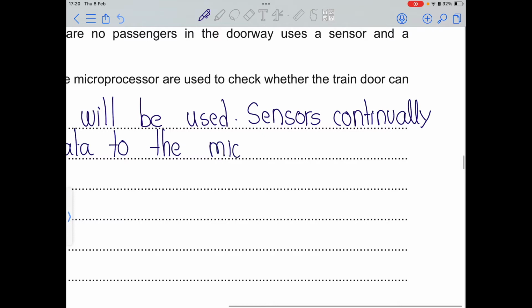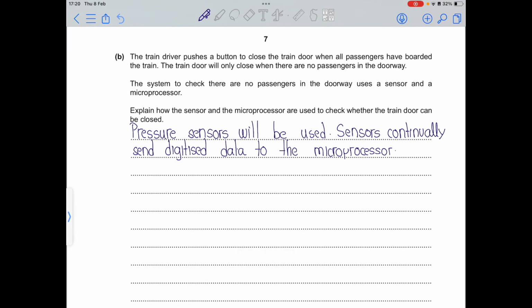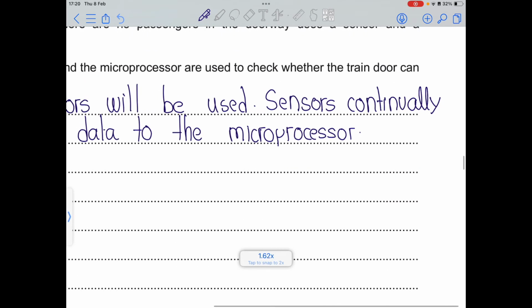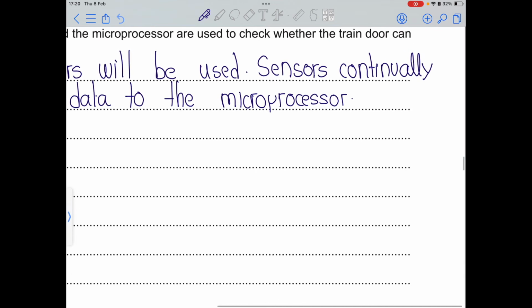Now, I would put a stress on this point that sensors continuously send digitized data to a microprocessor, because previously you had basically two marks for this point, that is once they send it and also the conversion, that is using an ADC, but now they have combined into one. So sensors continuously send digital data to the microprocessor. Here you got 2 points, now you got 1 point.